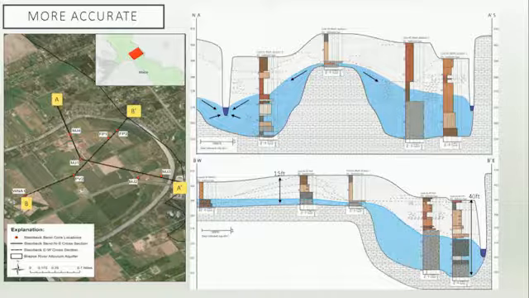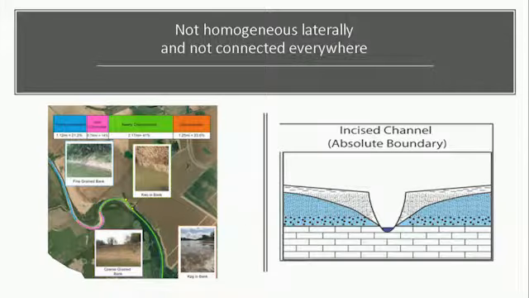So I want to move second to another problem, and that is that there's connections to the river, yes, but it's not connected everywhere. It's not connected the same everywhere. So we took a little boat trip down the river to show my students exactly how this works. And you go down the river and the banks are all clay and it's not well connected. It's very poorly connected.